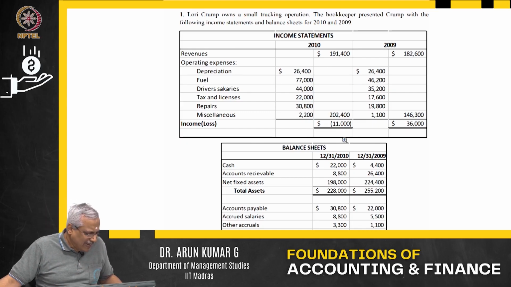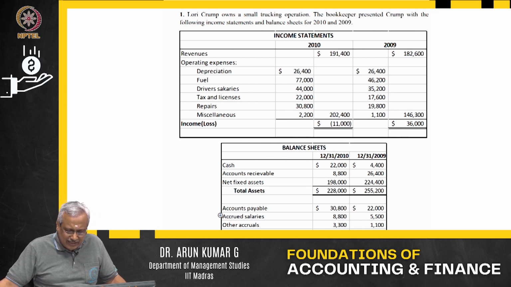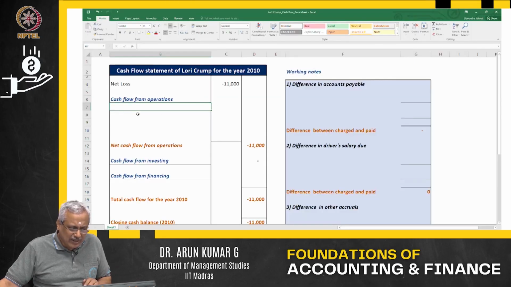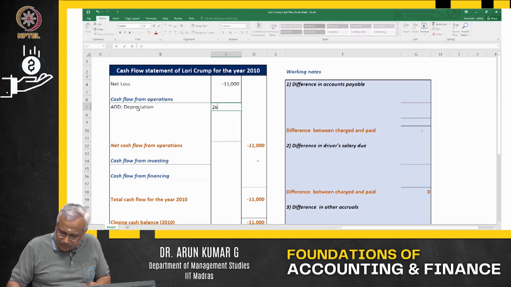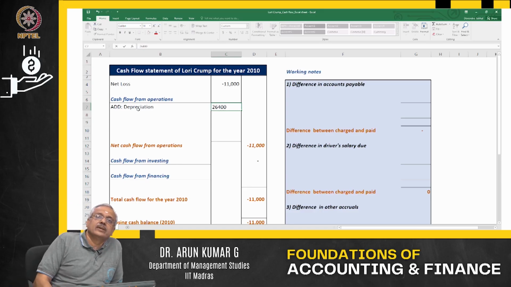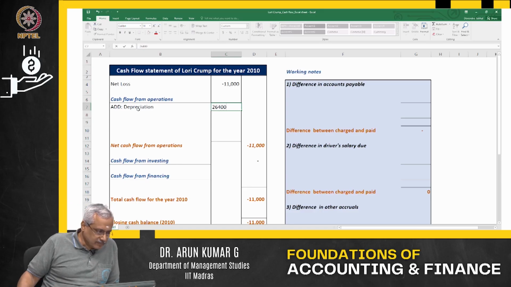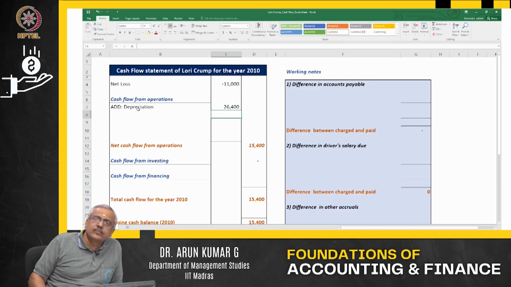Let us add back that depreciation to know the cash balance. Now add depreciation, 26,400. That is the first thing we have got.